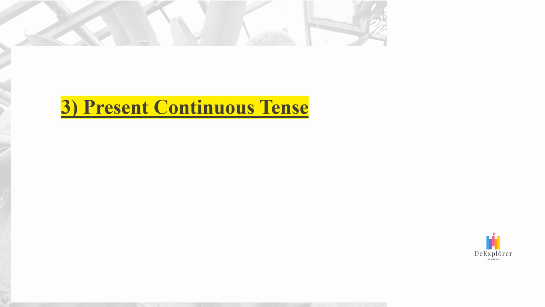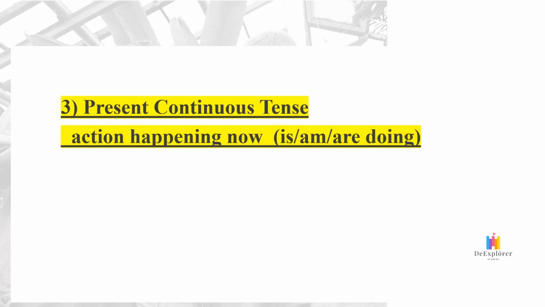Now you leave a line. Number 3, the third one, which is called the present continuous tense, and it is used to show action happening now. 现在正在发生. Okay, and the verb is doing.